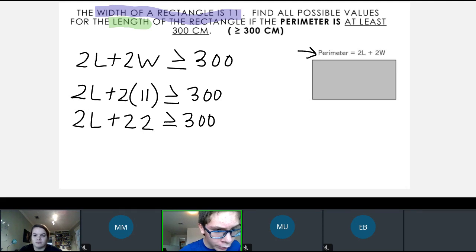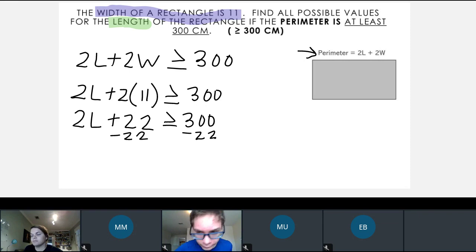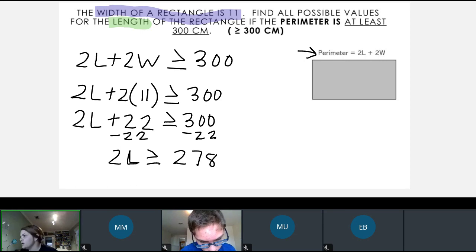Okay, I would subtract 22 from 22 to cancel that out, and subtract 22 from 300. You're right, Richard. So I'm going to subtract 22 from both sides. So I will get 2 times L is greater than or equal to 278.